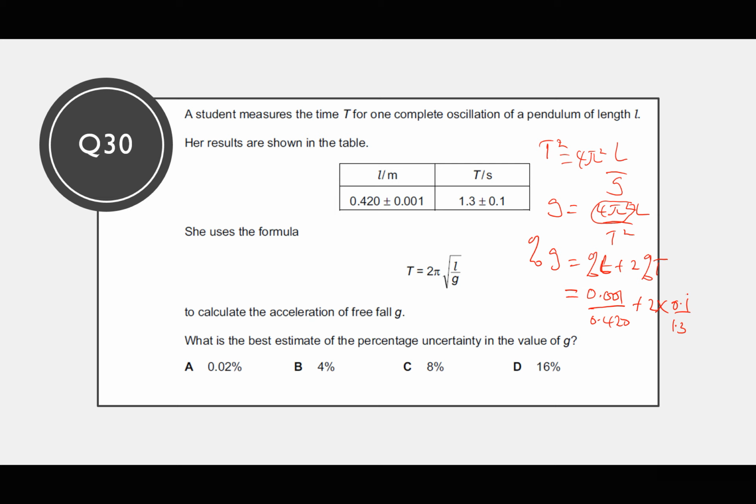Remember, this is going to be times 100 because we are changing to percentage. Percentage in L is this over this times 100.